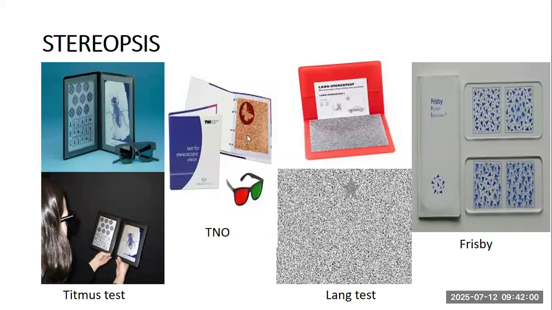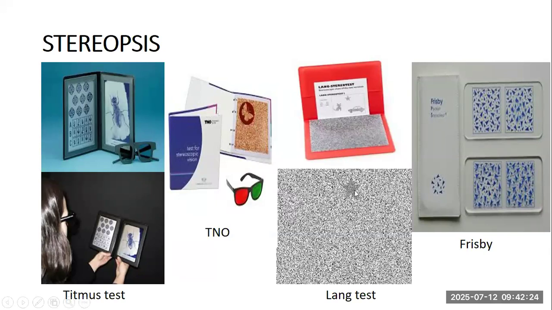There's also the grading chart somewhere to grade the child's stereopsis. For the Lang test, this lower one, you can see a star in there. In the upper one, you can see some objects there. And the grading is at the side.